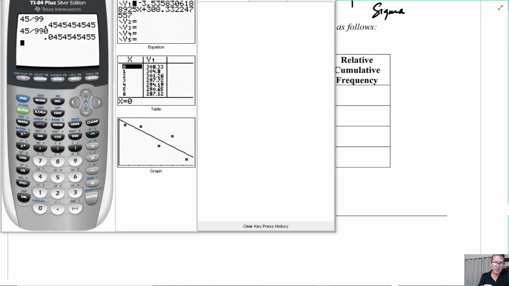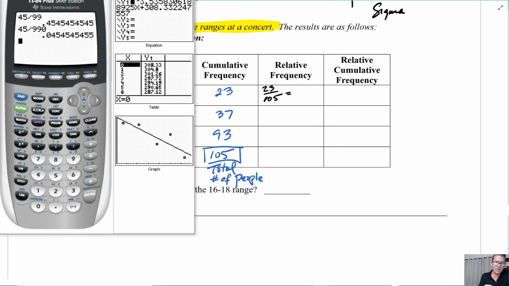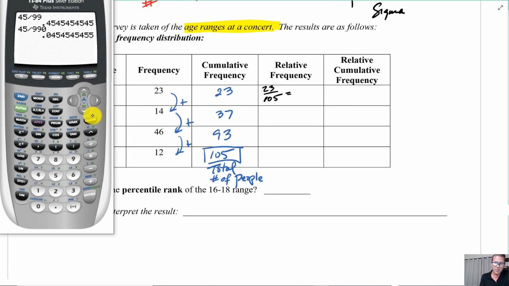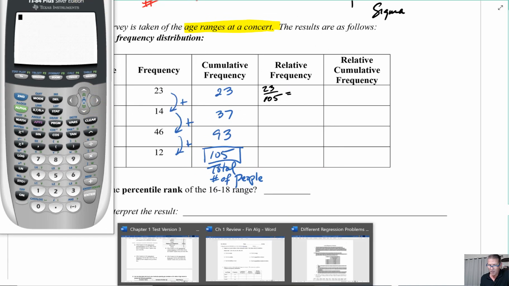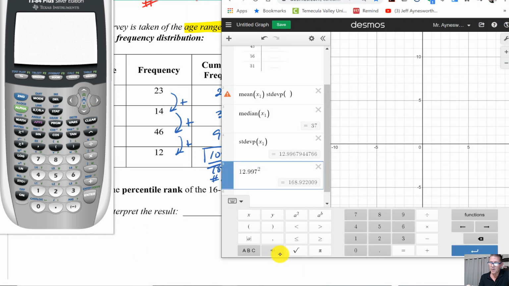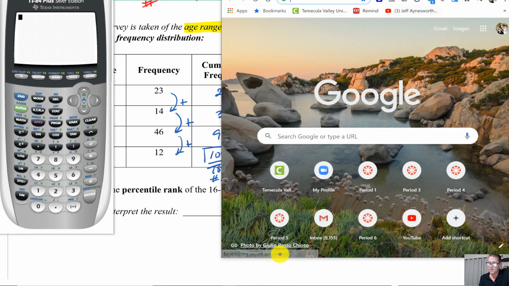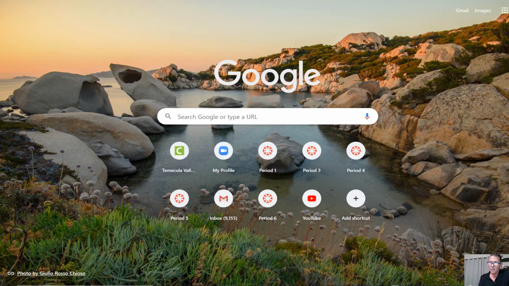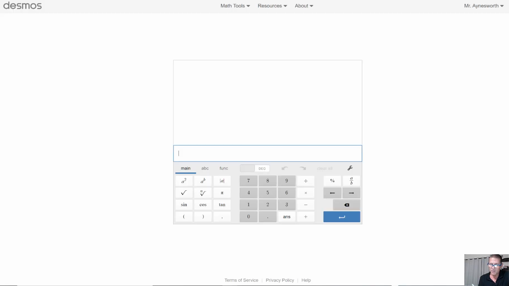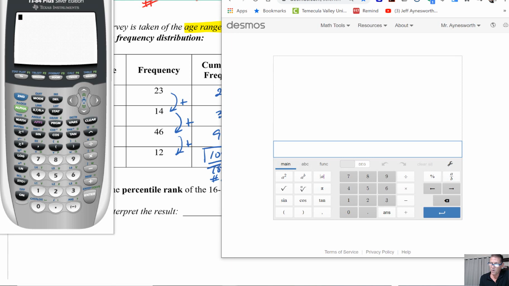So 23 divided by 105. Let's switch to the TI-84. You can use Desmos too. No problem there. If you're going to be using Desmos here, you can use the other form of Desmos, which is the Desmos Scientific. If you want to, you can use this calculator here. No problem at all.